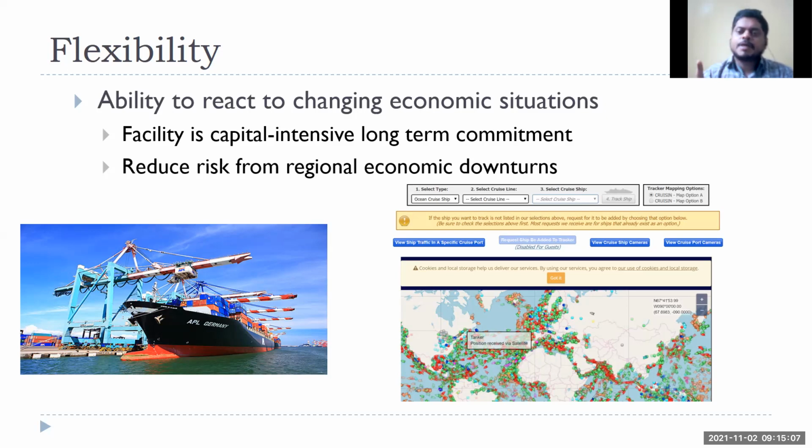Because sometimes, due to an economic downturn like COVID, when COVID hit initially, it reduced transportation by 50 to 70%, right? So do you have alternate locations? That is where your flexibility comes into the picture.